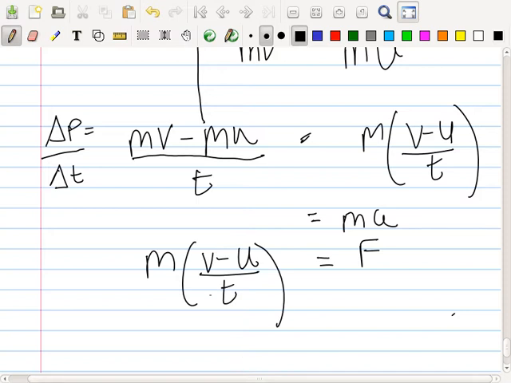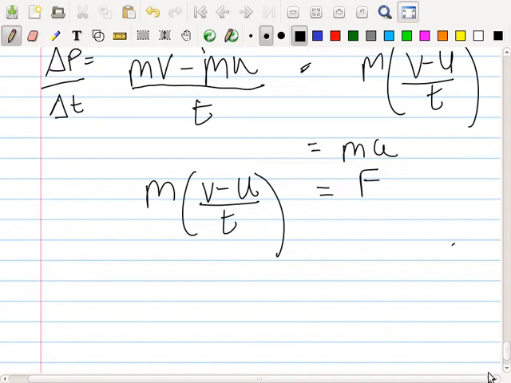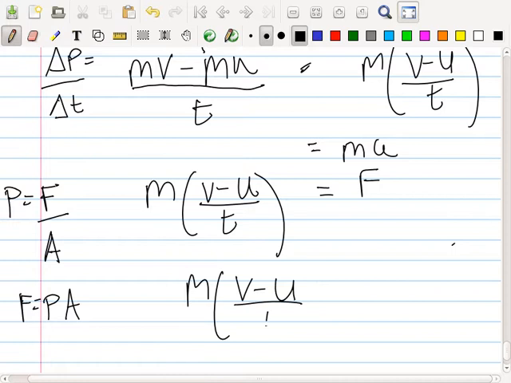Now, from formulas we did in hydrostatics, what is a formula that uses force? Remember, pressure equals force over area. So we could also have force equals pressure times area. So I can say that m(v minus u) over t equals PA.